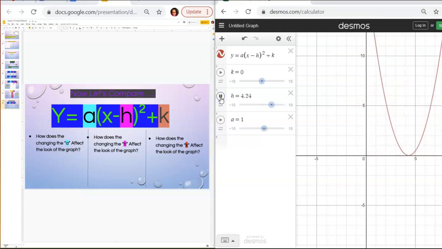All right, so now we're looking and seeing how these values change. As you note and see, as these values get larger and larger, the parabola is going to move left or right. As they get larger, the parabola moves to the right, and as these numbers go smaller, meaning they become more and more negative, they go to the left.